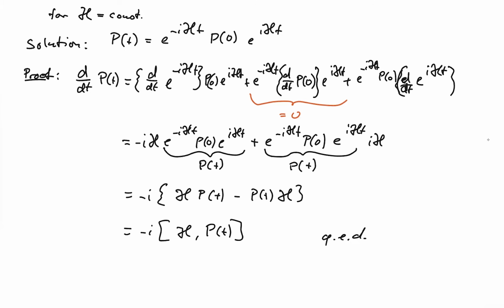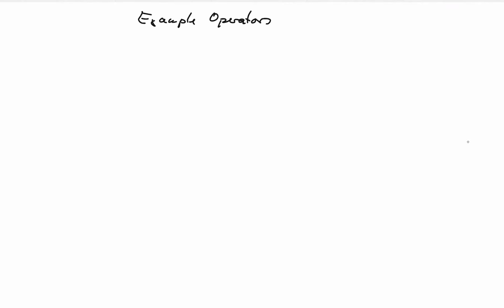But how do operators look like? We now know how to calculate time evolution, and actually how do the single operators look like. So we look at example operators, and we can simply calculate using the wave functions.